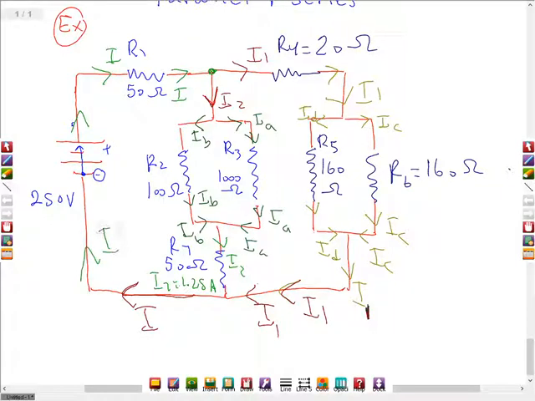Again, I goes to I1 and I2; I2 splits to IA and IB, which come back to be I2; I1 splits to IC and ID, which meet again at this point, then I. My objective is to find I1 and I2.